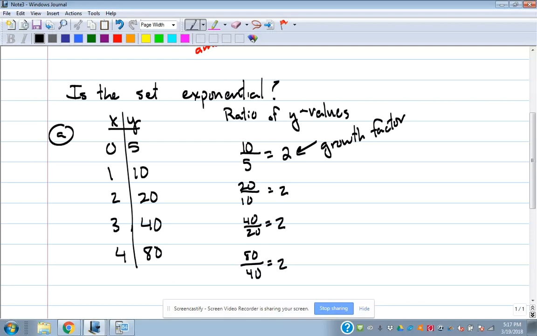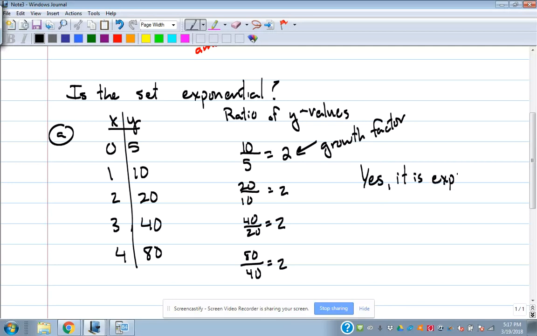Quadratic, you had to have that quadratic shape happening, that if X was 2, then you got 4, and if X was -2, you also got 4. You had that symmetric thing going on there. With exponential, the ratio of the Y values, if it's the same or really close, then that is exponential, and that ratio is your growth factor.